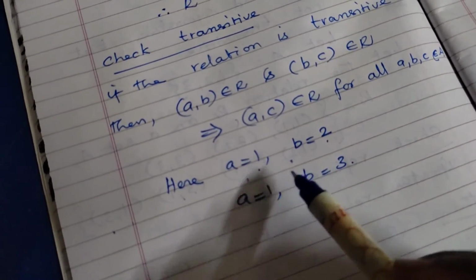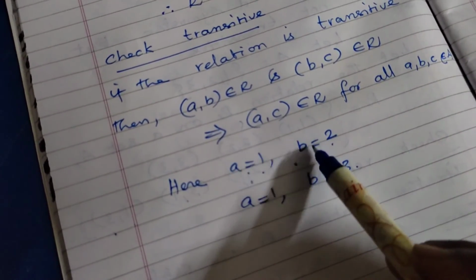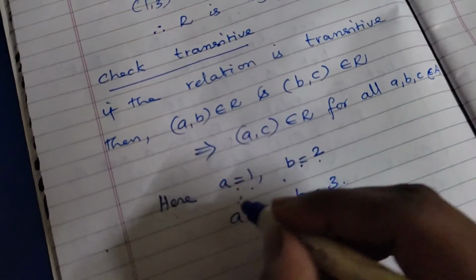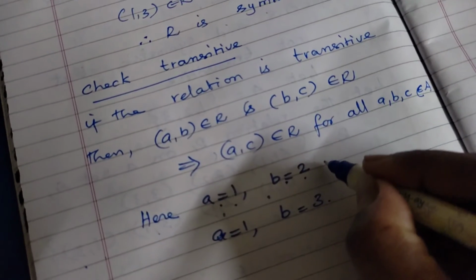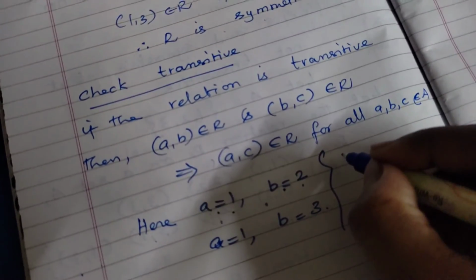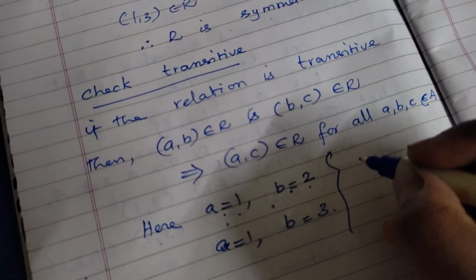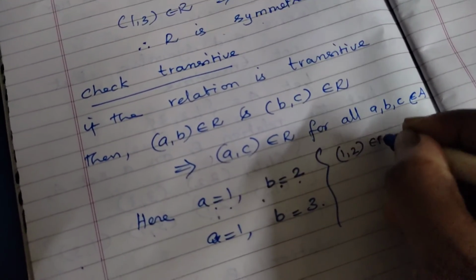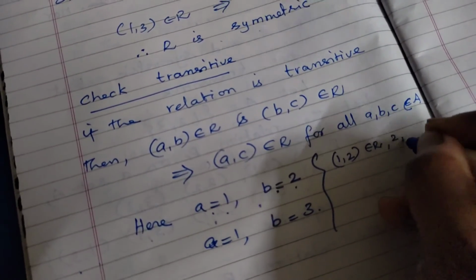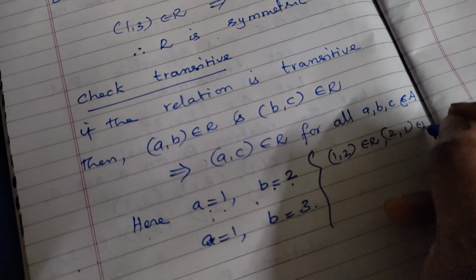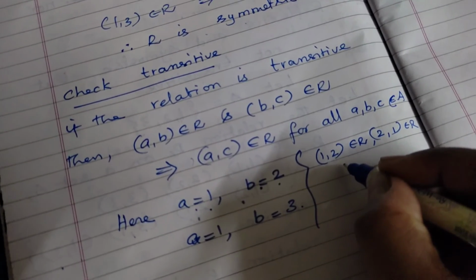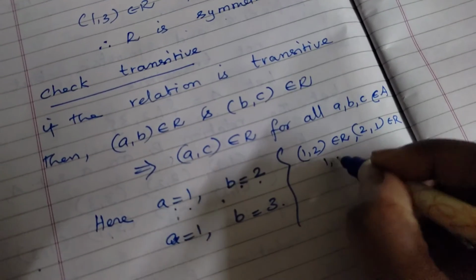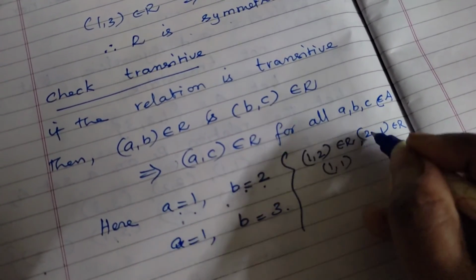If we take A equal to 1, B equal to 2, here in the relation (1,2) belongs to R, (2,1) belongs to R, but we don't have the pair (1,1), that is (A, C).